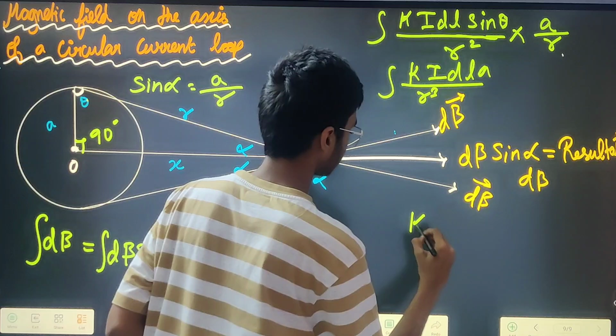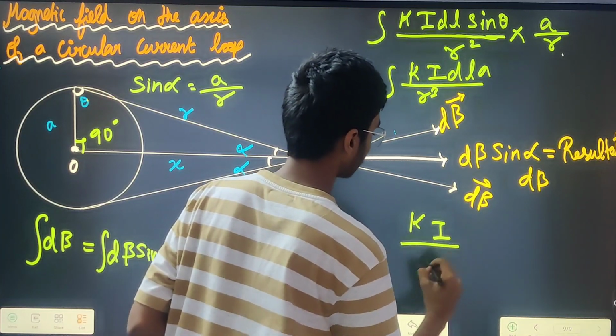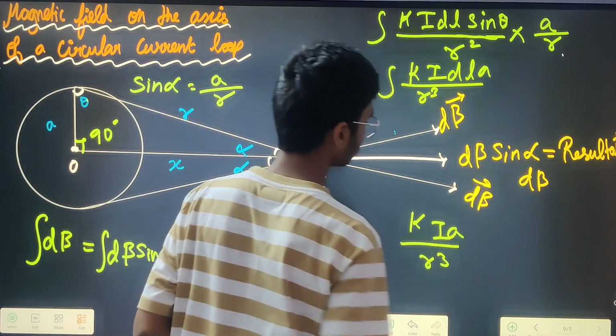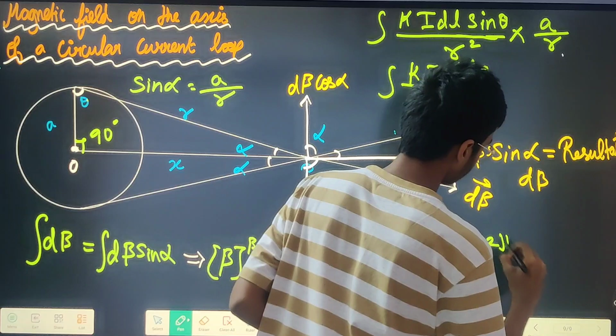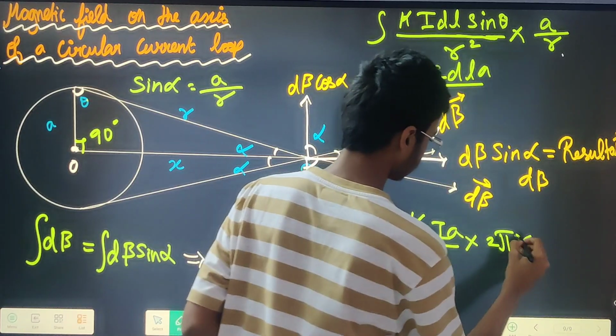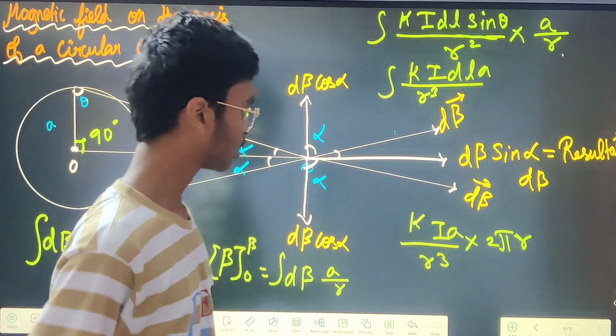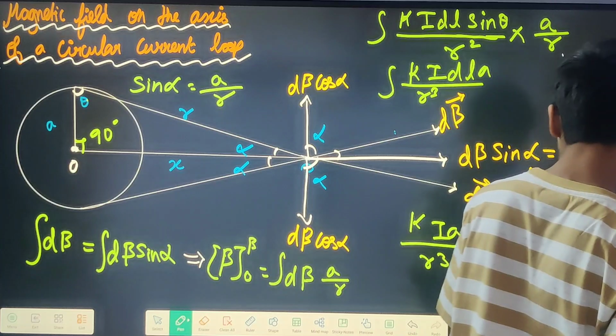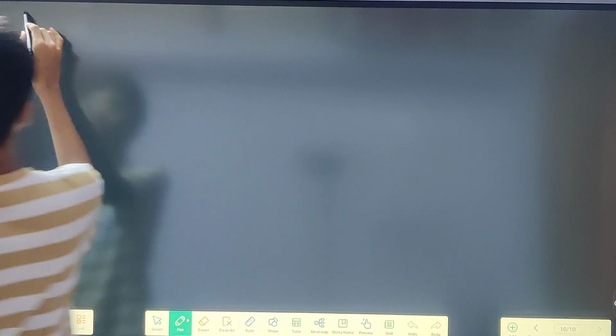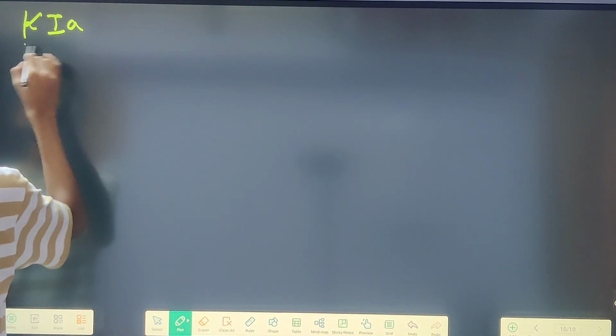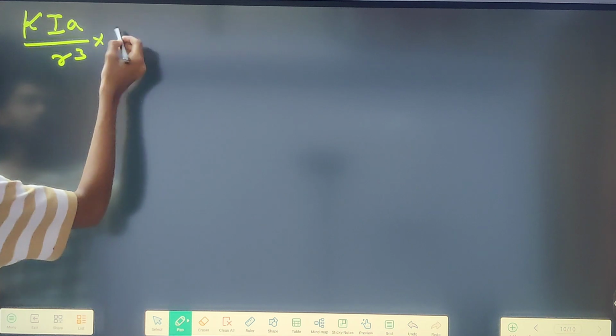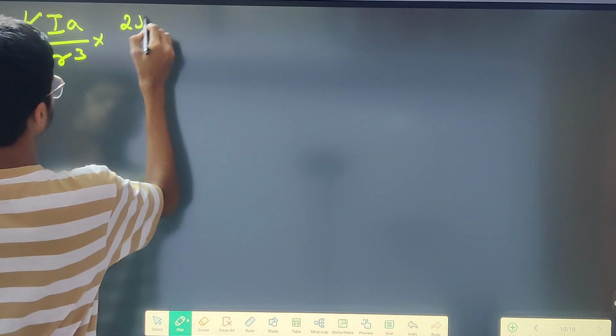So K I A by R cube into 2 pi r. Correct? So KIA by r cube into 2 pi r.